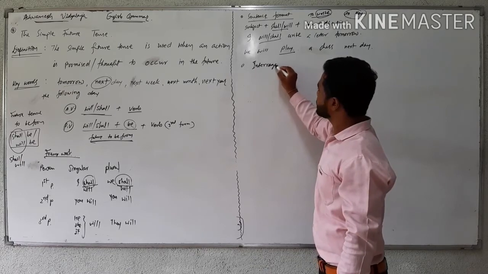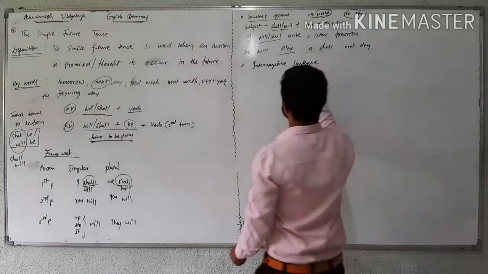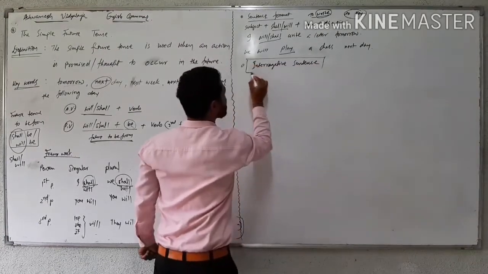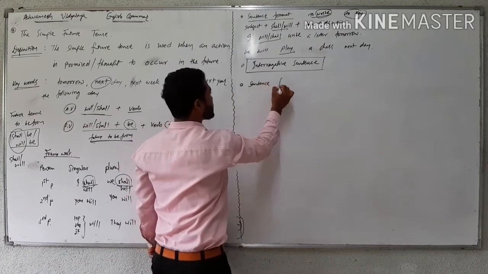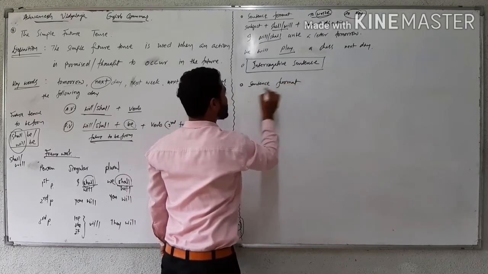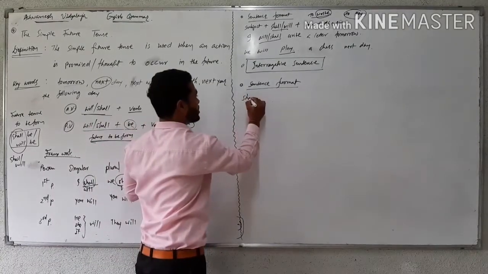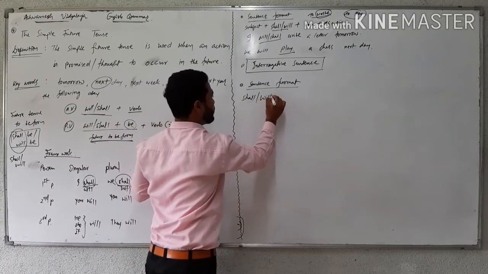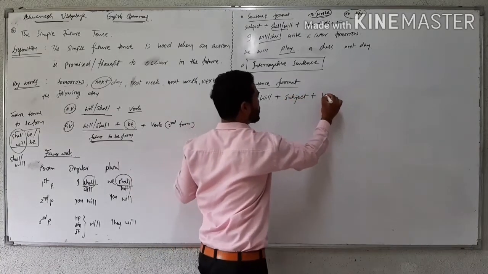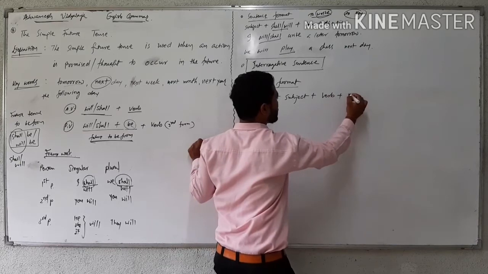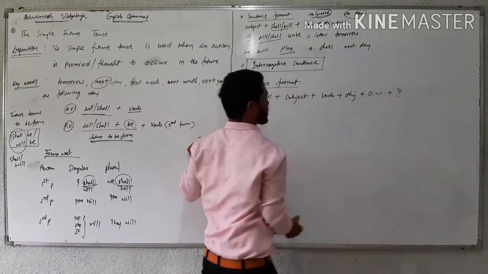Second, the interrogative sentence format. An interrogative sentence starts with the helping verb, here shall or will, plus subject plus verb first form plus object plus other words plus question mark.